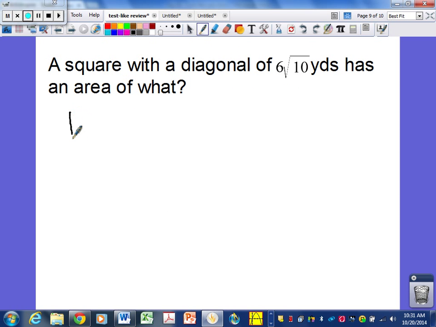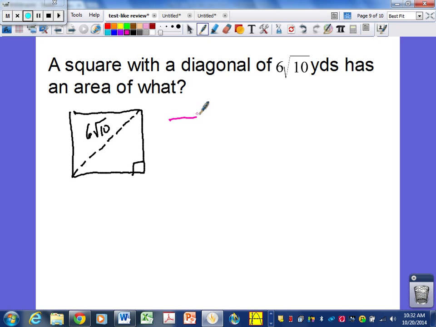A square with a diagonal of 6 root 10 has an area of what? So this is a special 45, 45, 90 triangle. Okay, and the hypotenuse is something times the square root of 2. So if I had 6 root 10, and that was something times the square root of 2, that means I'm going to have a leg of 6 root 5.